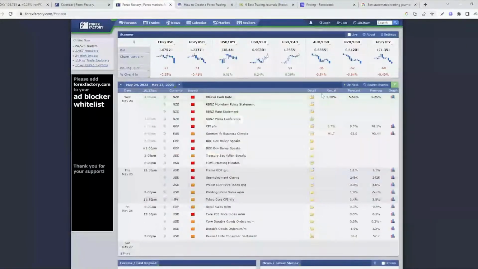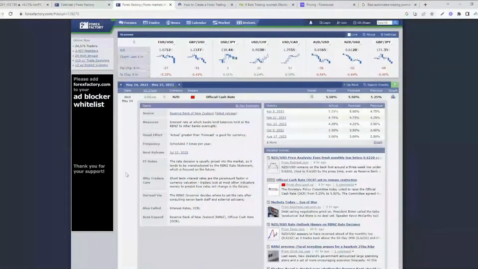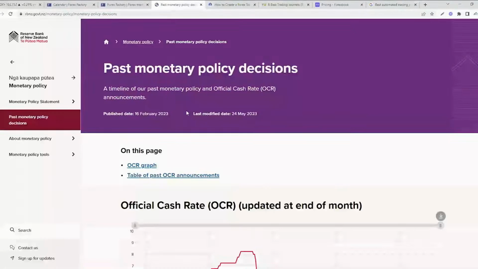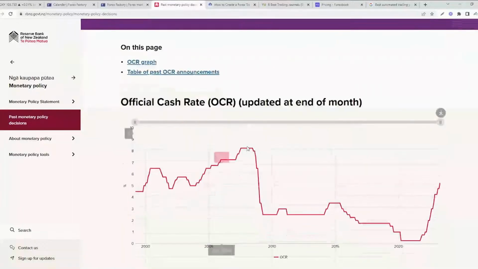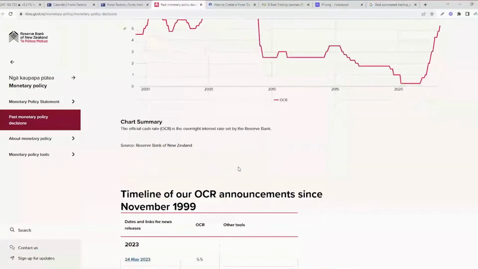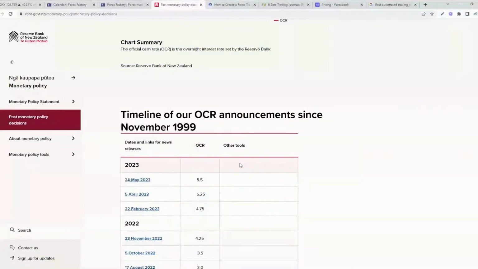The good thing about this is you can click on the folder icon and it gives you further details or a description about that particular data point. You can also click on the latest release, which takes you to the actual page. In this case, it'll take you to the page of the Reserve Bank of New Zealand, where they give you further details on what has occurred.